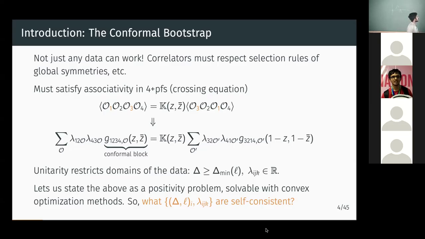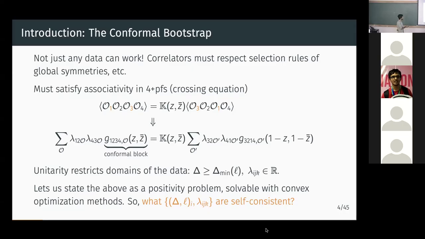That's all. I should specify that when we talk about correlation functions, we typically like to gauge fix away all of the coordinate things as early as possible. So then the assumption of unitarity also imposes some extra conditions on us. For example, the deltas that appear, the scaling dimensions, have to be above some minimum unitarity bound.